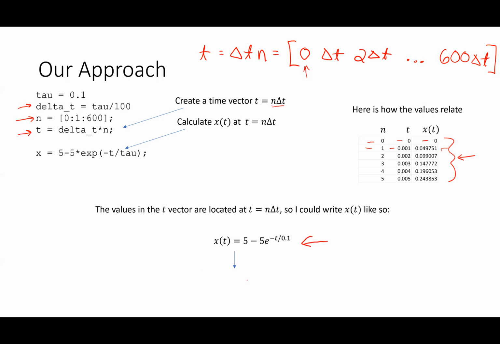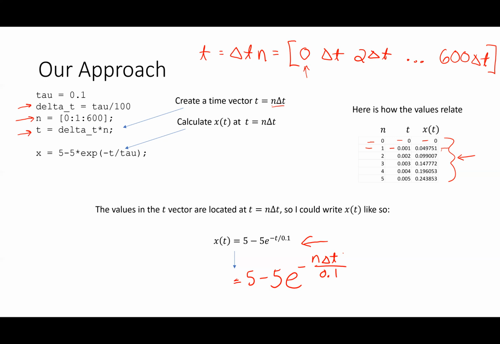So I could say that I have 5 minus 5 times e to the negative n delta t over 0.1. Now, if I do it like that, what's that a function of now? Is that a function of time, or a function of a real number?